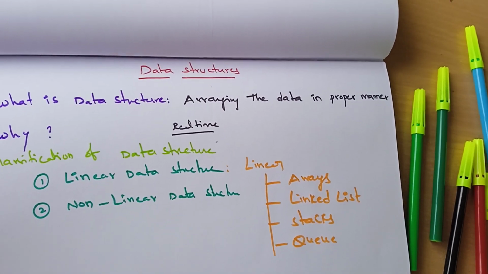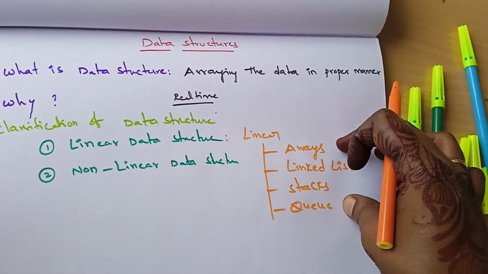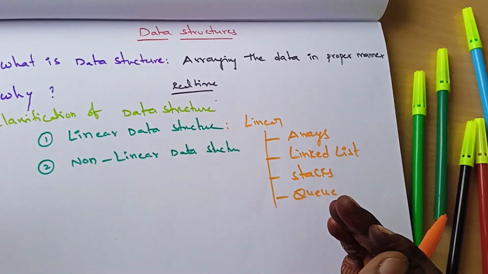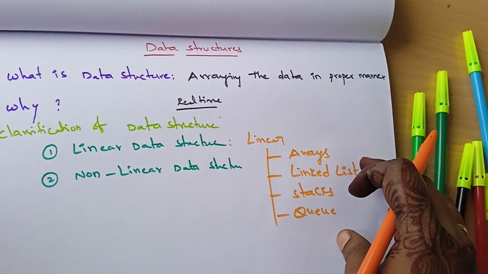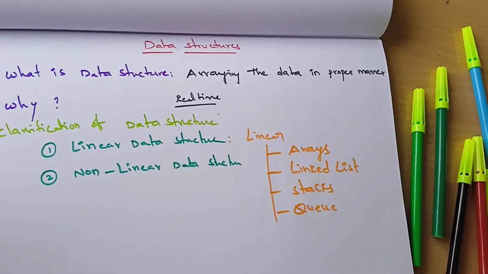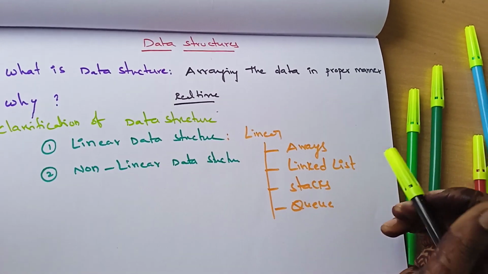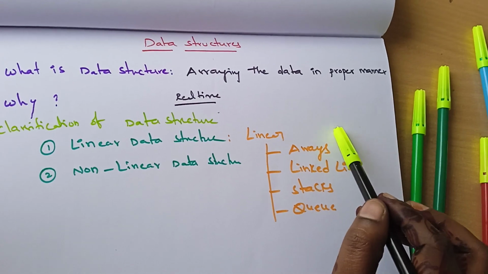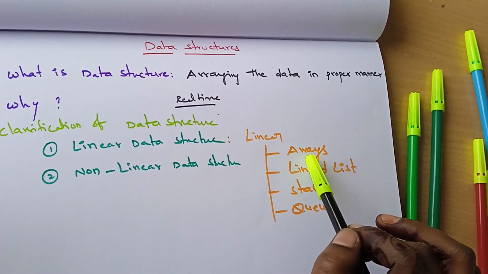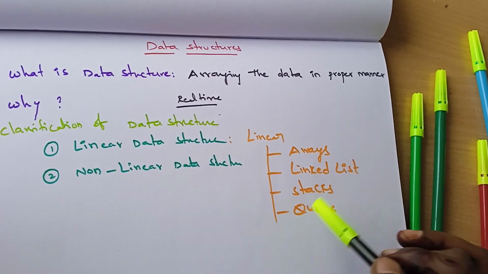So in this video we'll be seeing what is linear data structures and what is non-linear data structures, and in the next video I'll cover how linear data structure will work and how non-linear data structure will work, and even we'll be discussing in the next coming videos how to write a simple program to perform operations on arrays. All individually we'll see.